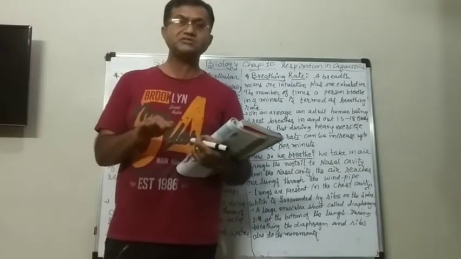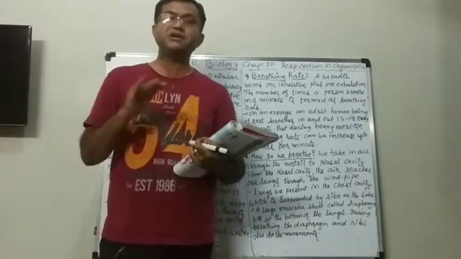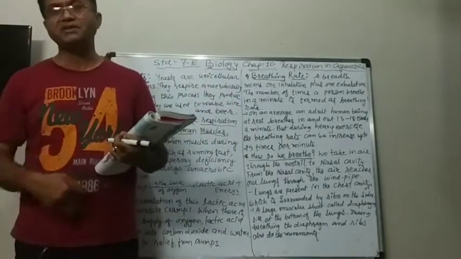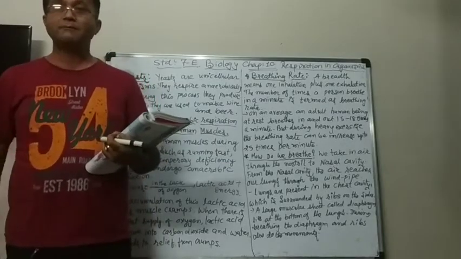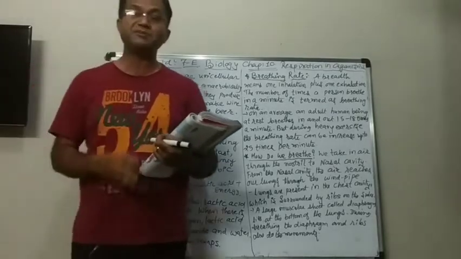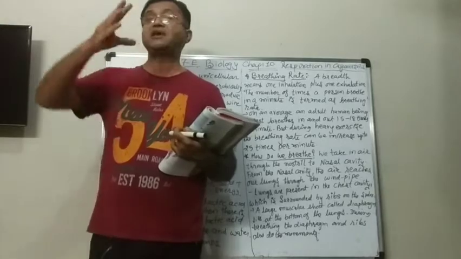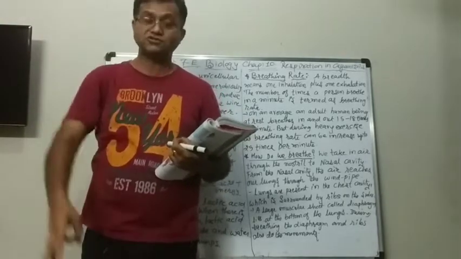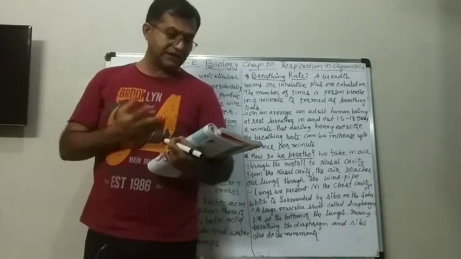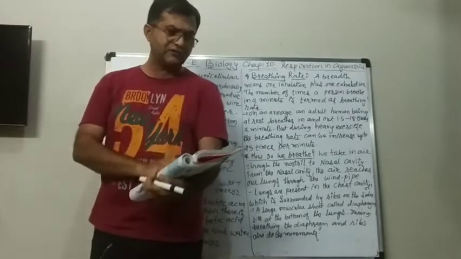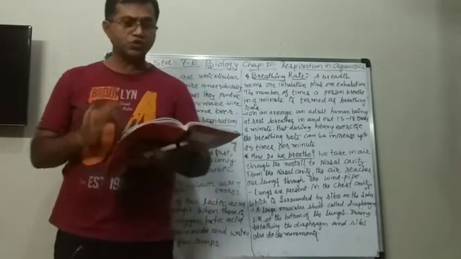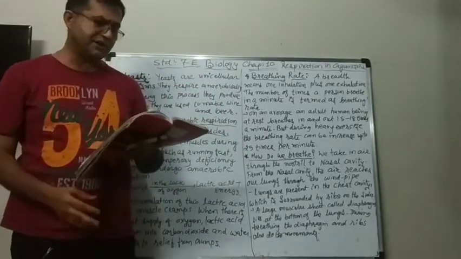In the normal condition it will be between 15 to 18, after your normal walk it will be a little more, but after running fast 100 meters, your breathing rate will be more, like 25 or 26. So different conditions will give you different rates, but the normal breathing rate is 15 to 18 times a minute.